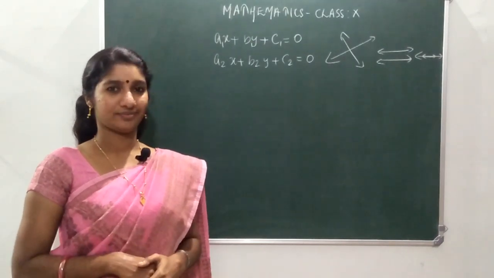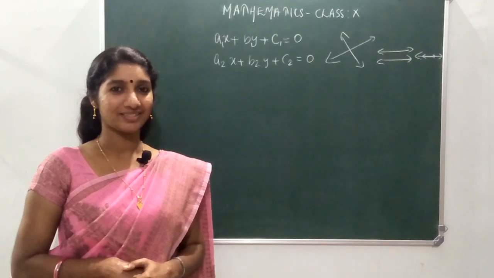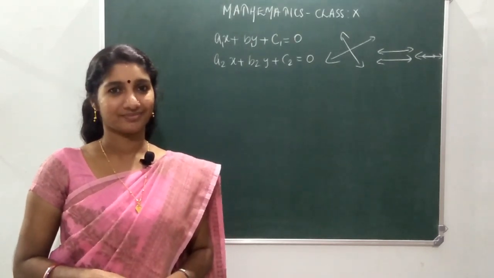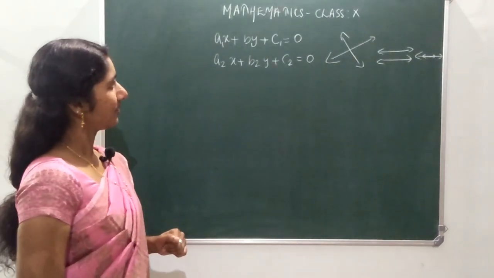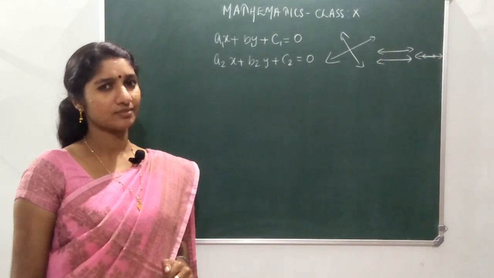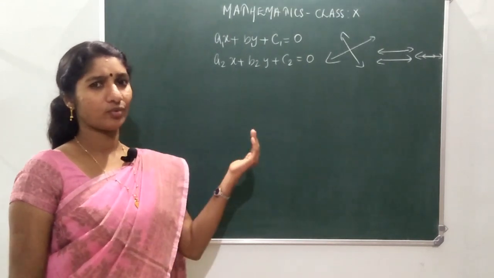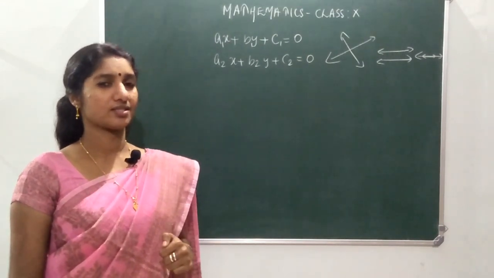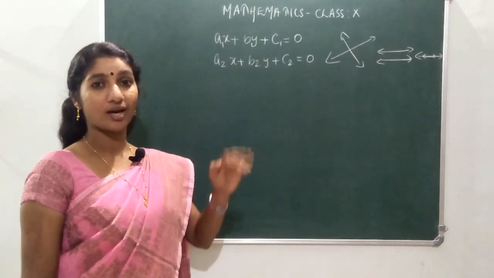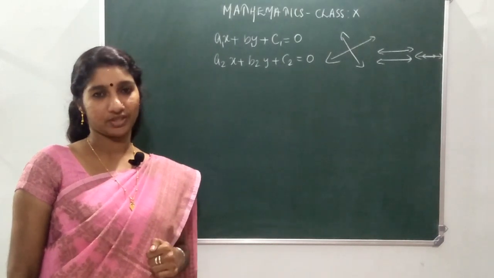Without drawing the graph, we have a technique to find whether they will intersect, be parallel or coincident. So, let us check that one. See the first equation, what are the coefficients of this first equation? The x coefficient is a1, the y coefficient is b1 and the constant is c1. And the second equation also like that, a2, b2, c2 are the coefficients of the second equation.